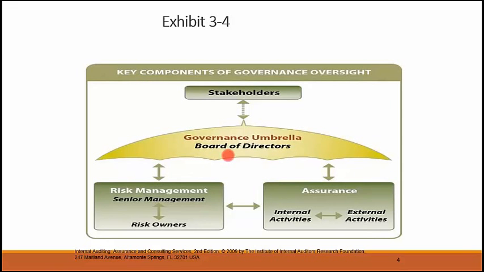So the governance umbrella is based upon the board of directors. Again, it's going to be different depending upon the type of organization, but in a for-profit enterprise, the shareholders vote on the board of directors. In a not-for-profit organization, the board of directors is established as part of the organizational structure when it initially becomes involved.